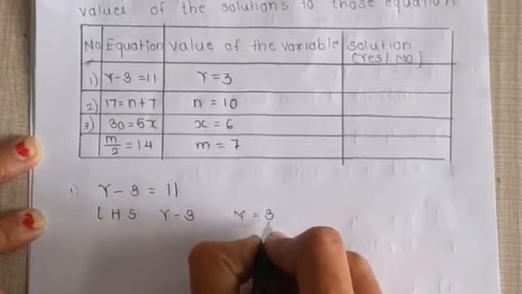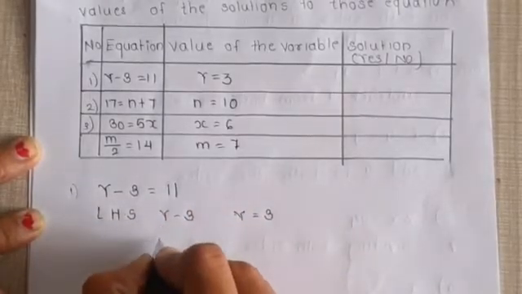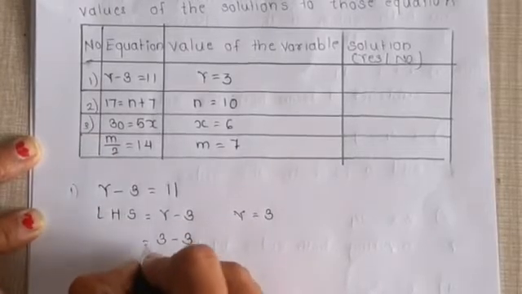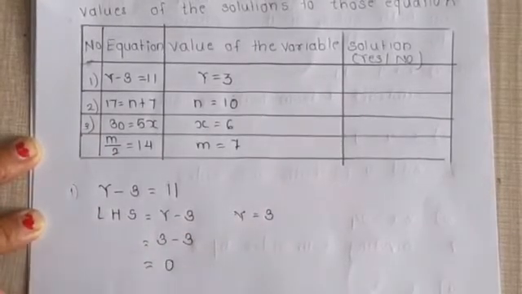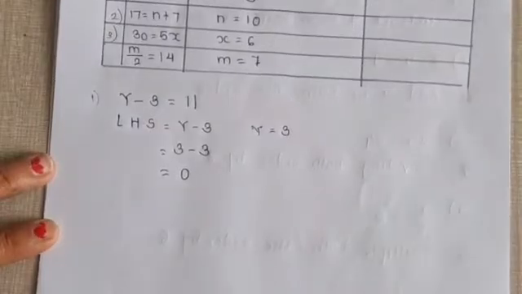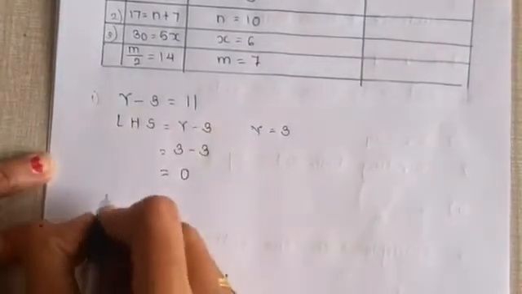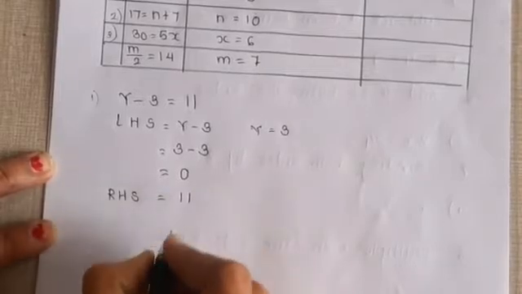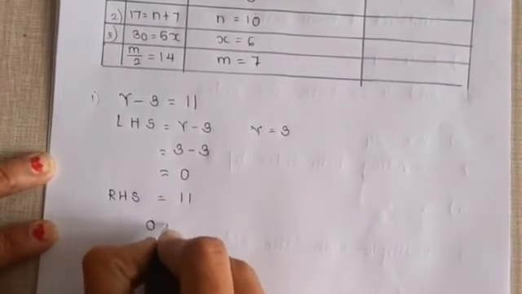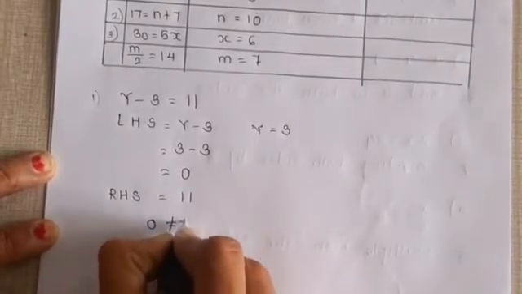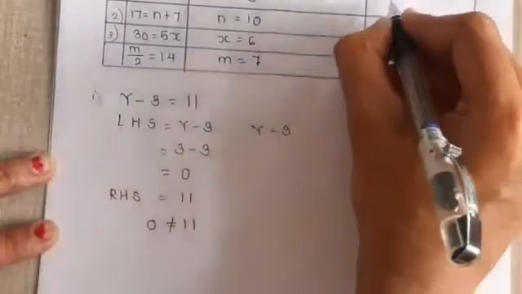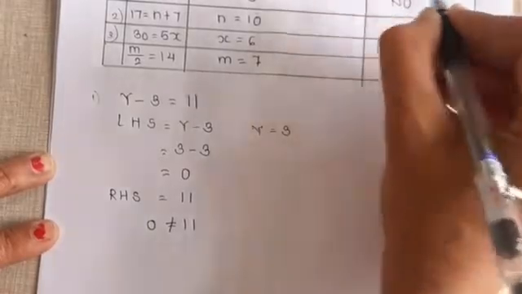With y equal to 3, the value is 3 minus 3 is equal to 0. LHS is equal to 0. And what is RHS? RHS is equal to 11. So 0 is not equal to 11. So your answer will be no.